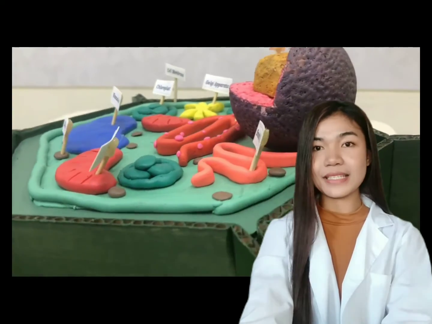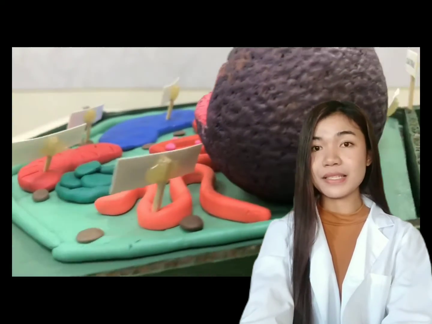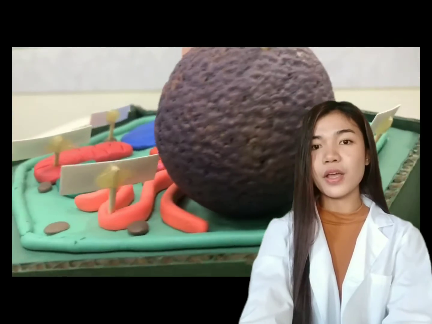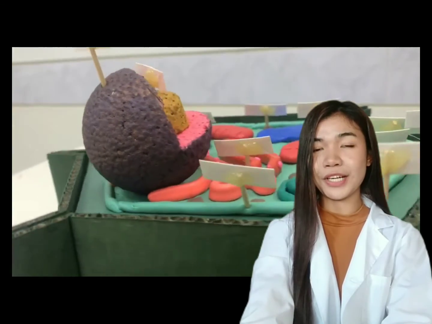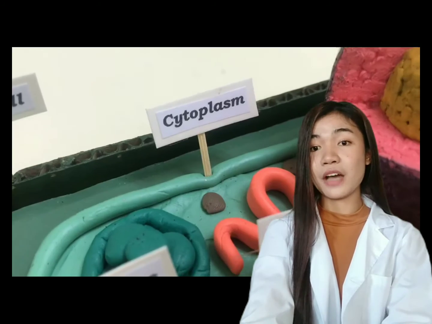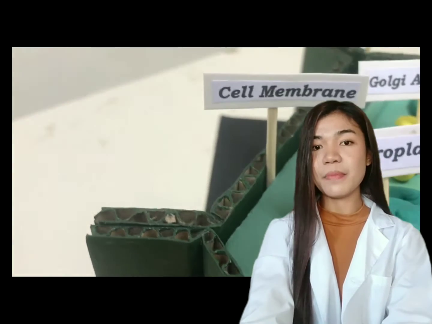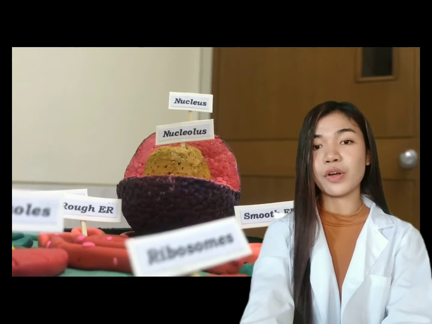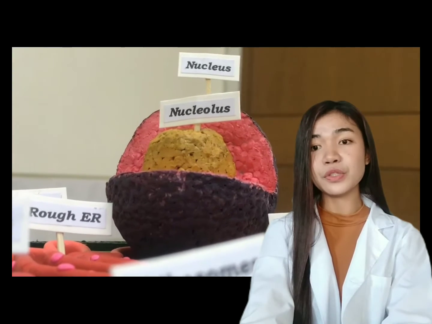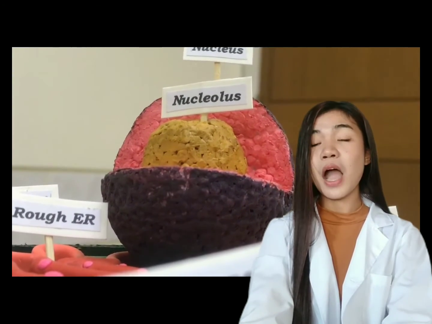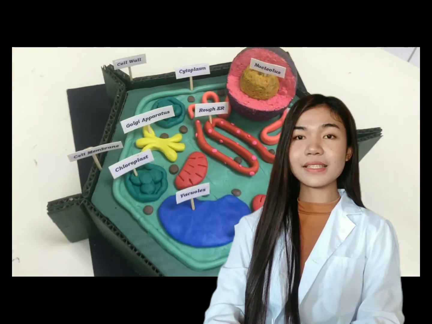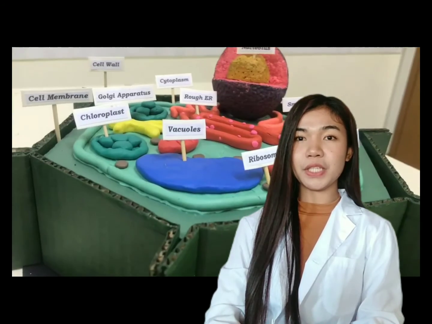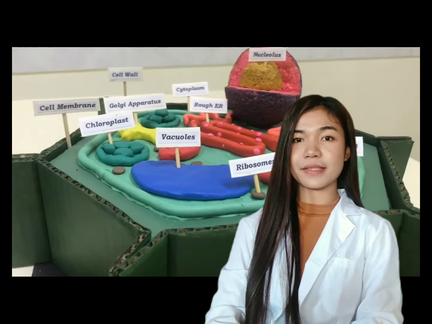Let's now discuss the similarities between animal cells and plant cells. Both animal and plant cells have membrane-bound organelles. They also have cytoplasm, a cell membrane, a nucleus, mitochondria, rough and smooth endoplasmic reticulum, a Golgi apparatus, and peroxisome. Let's now proceed to the differences between animal cells and plant cells.